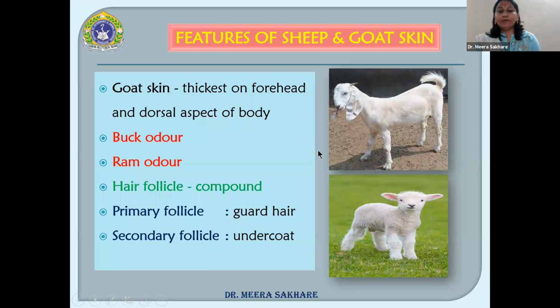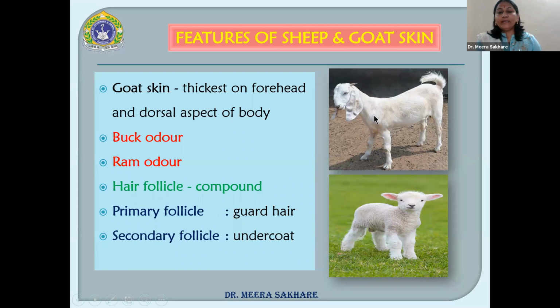So what is the difference between sheep and goat skin and the skin of other animals? In the goat, the skin of the forehead is somewhat thick compared to other body parts. The forehead skin and dorsal abdomen skin are thick compared to the rest of the skin. Also, sheep and goat typically have a buck odor or ram odor.